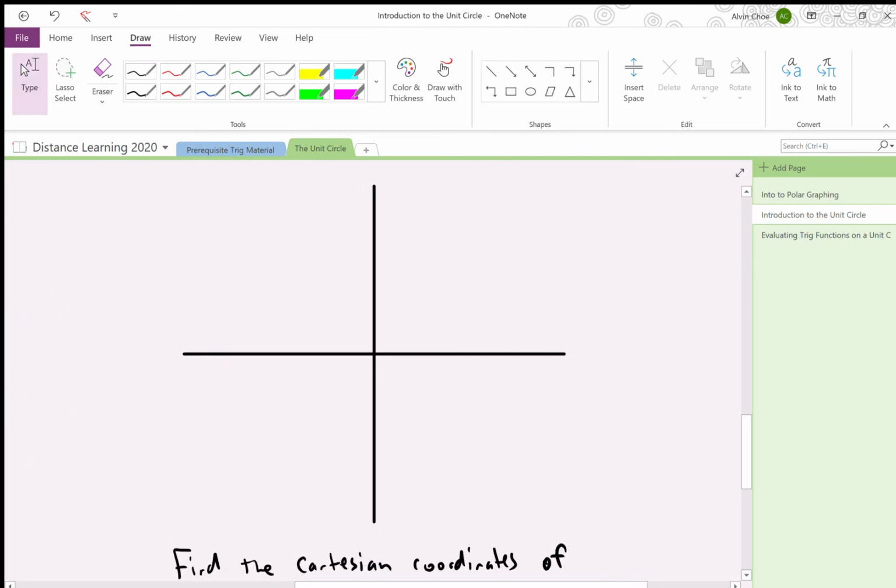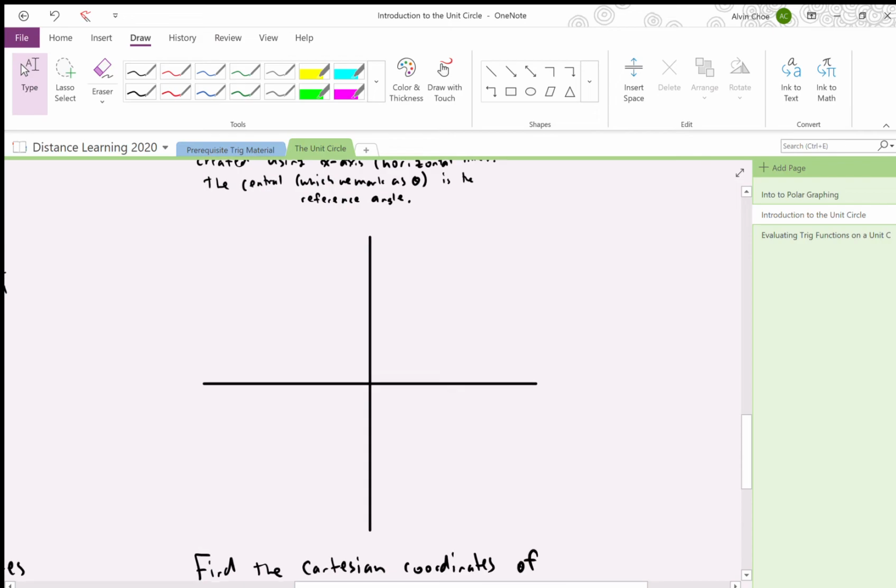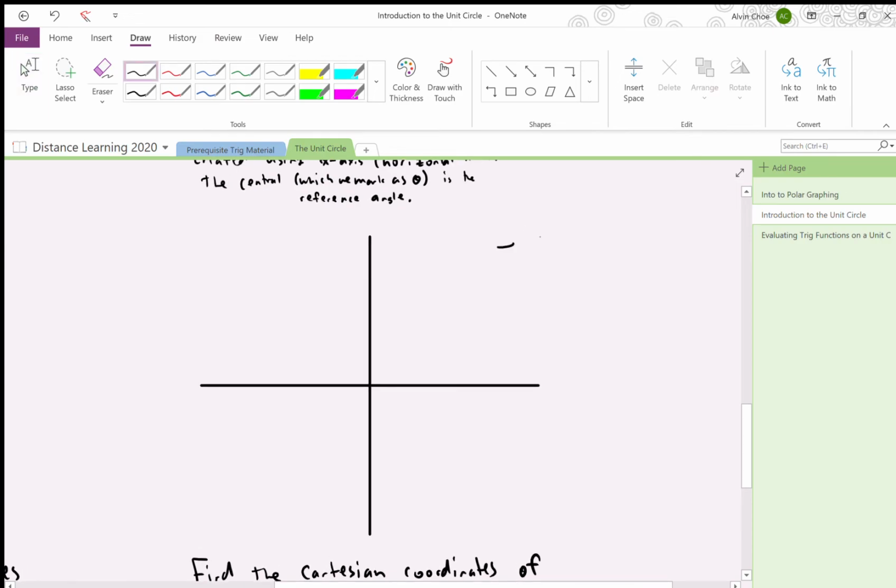Let's say, for example, I want to do another one, and I asked you to do negative 225 degrees. Actually, let's do negative 135 degrees. From 0, standard position, we are going to go clockwise now, which gets us to here because it's less than 180 degrees. Again, we know the radius length has to be 1.